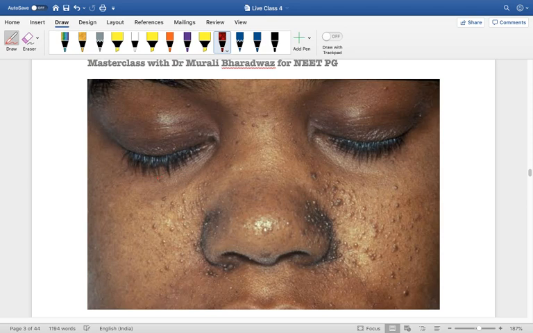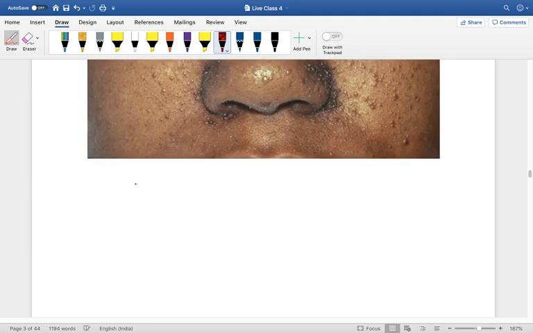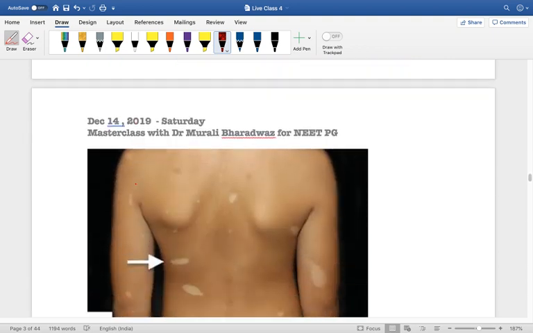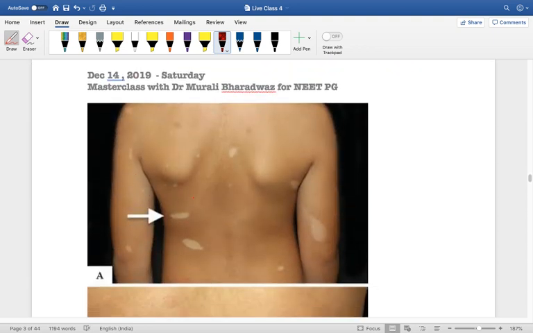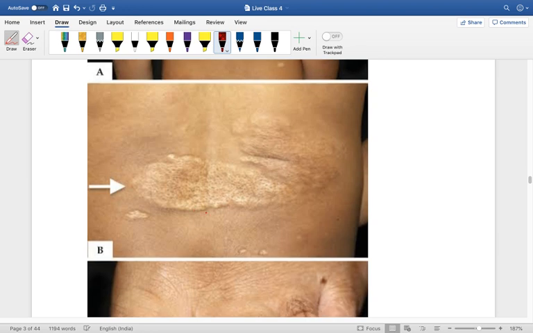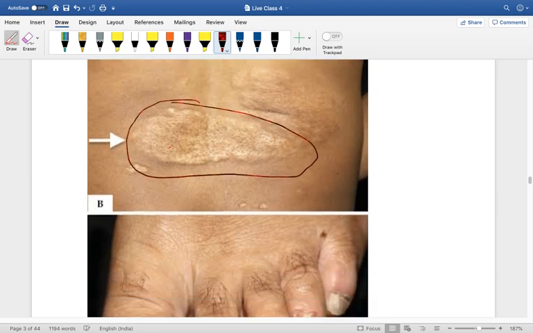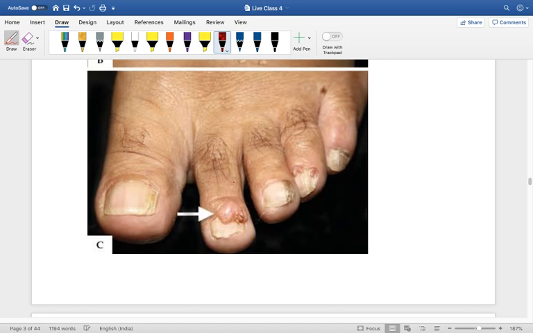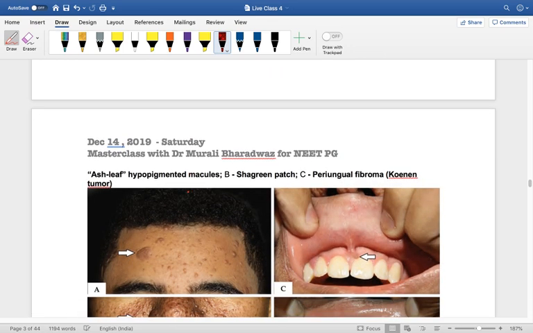So doctor, what is this? What is this neurocutaneous syndrome? You are able to see these lesions, and you are also able to see these lesions. You are able to see a lesion here, and a periungual fibroma. So what have you seen?